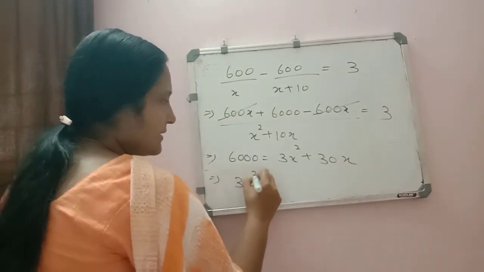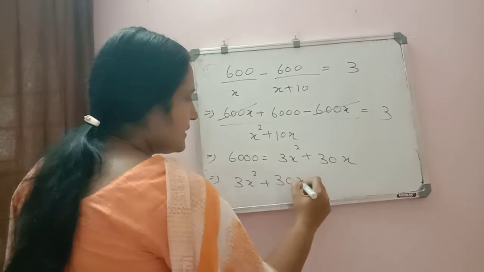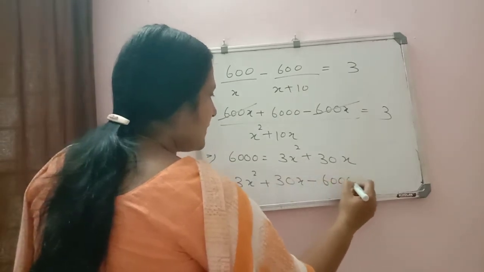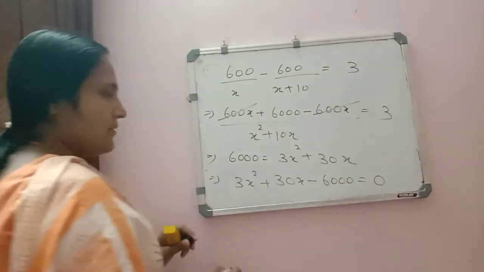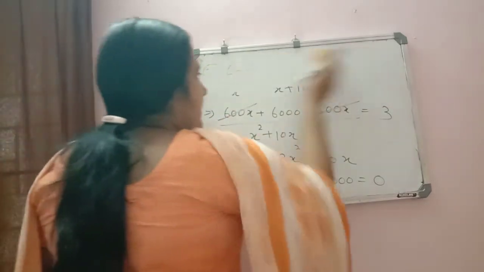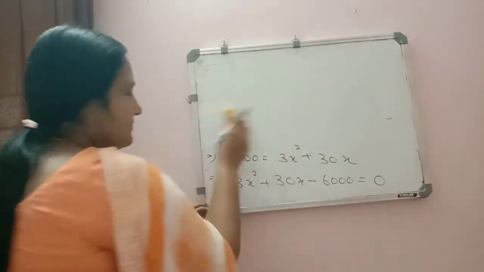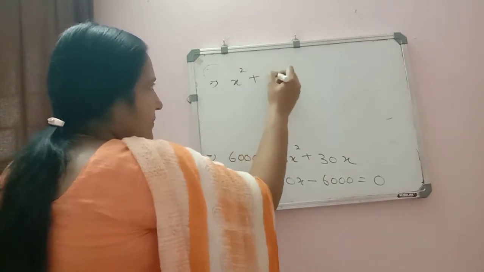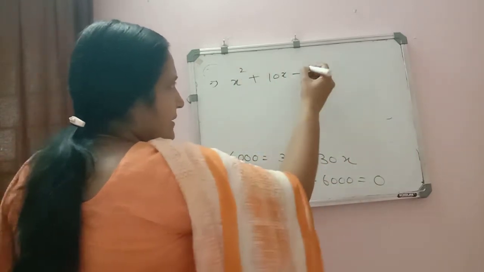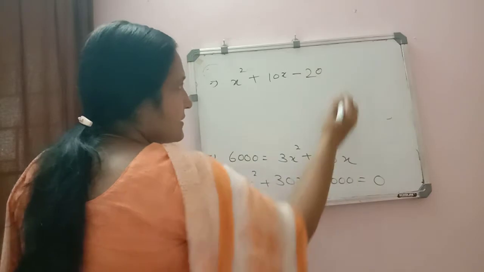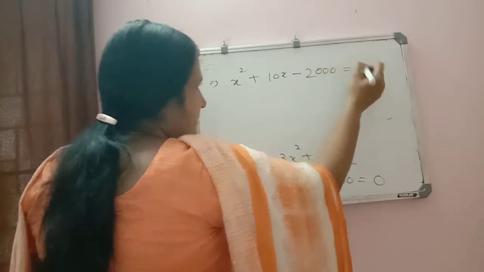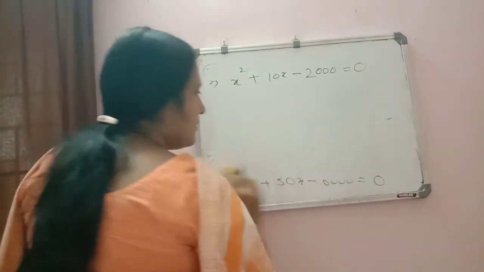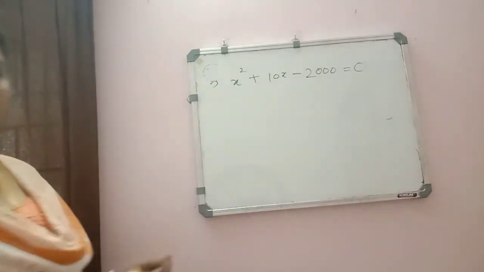So 3x square plus 30x minus 6000 is equal to 0. So we can divide the whole equation by 3. It will be equal to x square plus 10x minus 2000 is equal to 0. Now all can solve the quadratic equation.